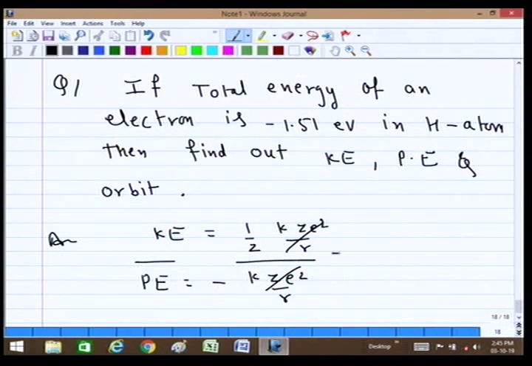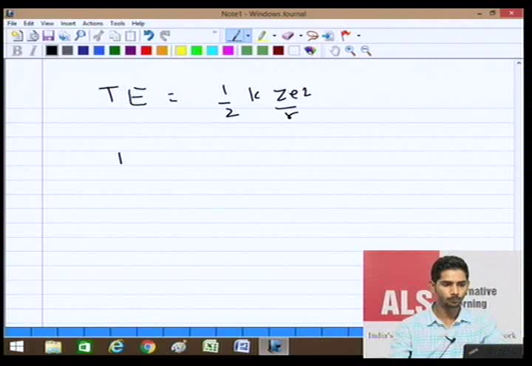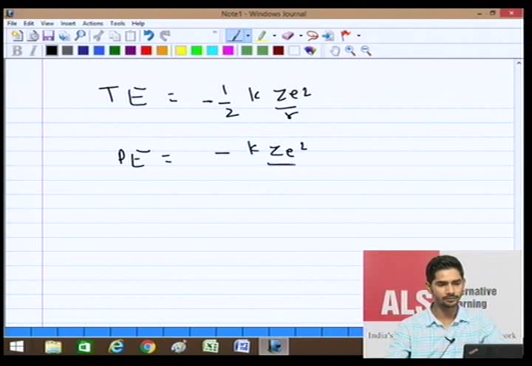So we will get that kinetic energy upon potential energy is equal to what? 1 by 2. This is one of the relations. We have also the total energy. The total energy was equal to half of kZe square by r, and potential energy was equal to minus kZe square by r.